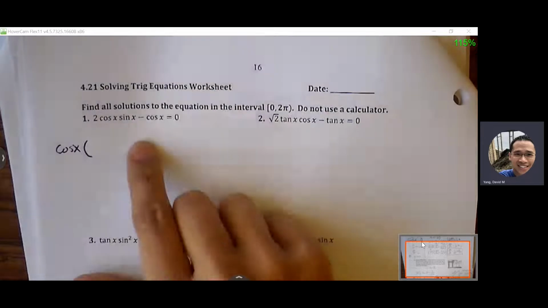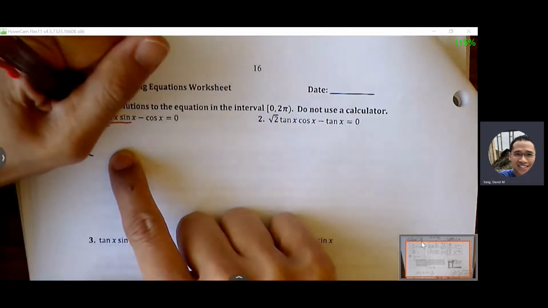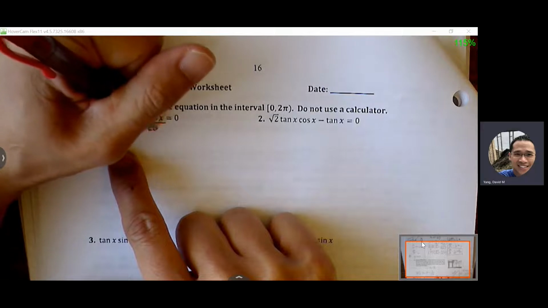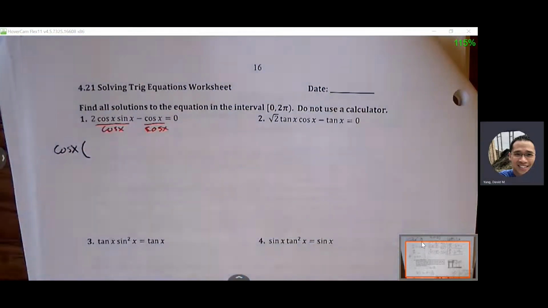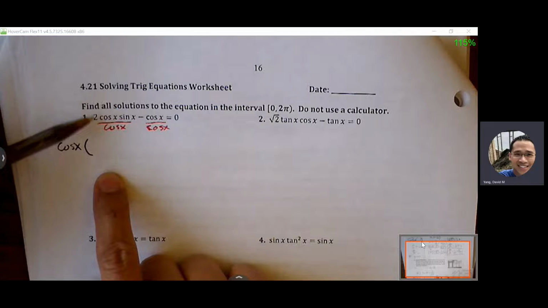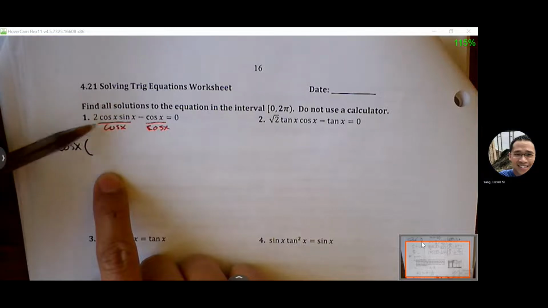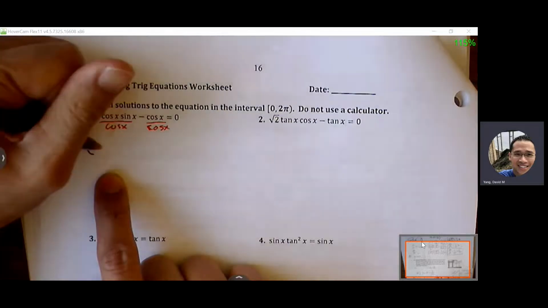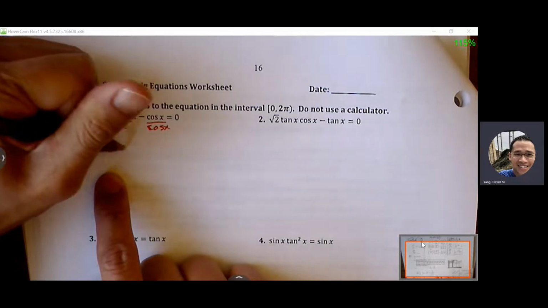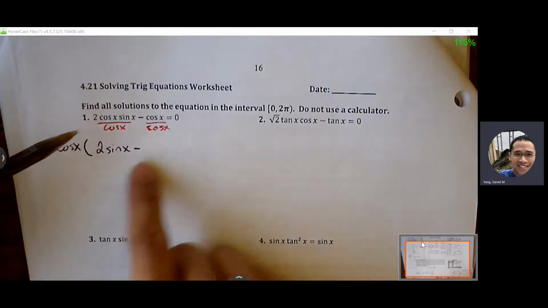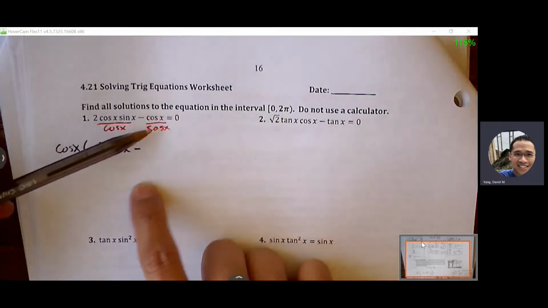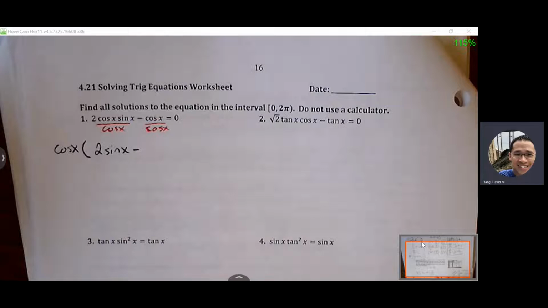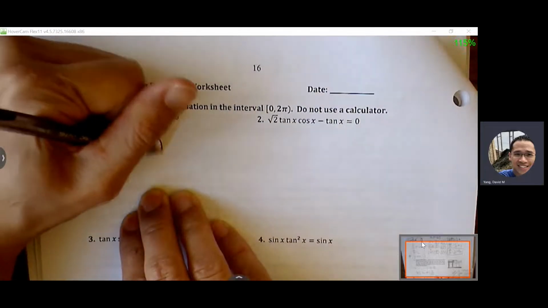So if cosine x comes out, we're essentially dividing by cosine x. So what remains? First term, cosine goes away, we're left with 2 sine x. And if we remove cosine x, what's left here? Good, -1, right? Not a 0, make sure it's 1.